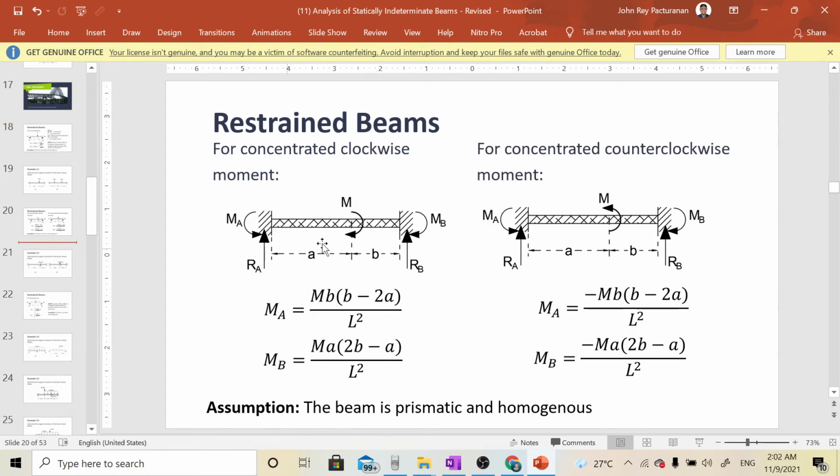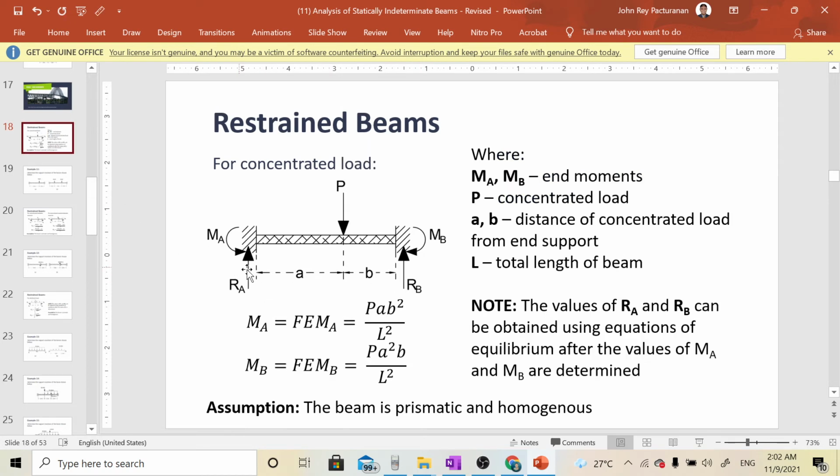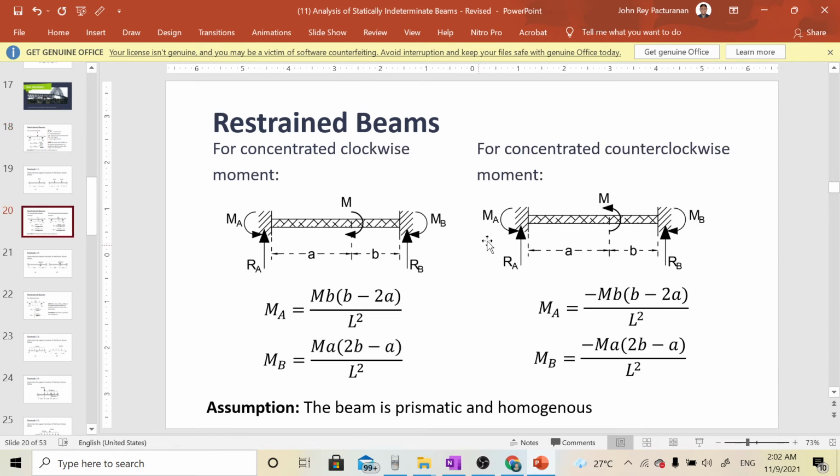So again, the direction of the moments are consistent with early discussion, no? Counterclockwise sa kaliwa, clockwise sa kanan. So ganun din yung ina-adapt ko. Okay? So kapag clockwise moment, no? So kung titingnan nyo dito, if the applied moment throughout the span is clockwise, so the fixed end moment at A is equal to Mb times (b minus 2a) over L squared, while the moment at B is Ma, the quantity (2b minus a) over L squared.